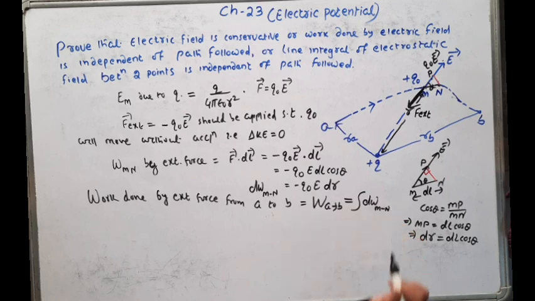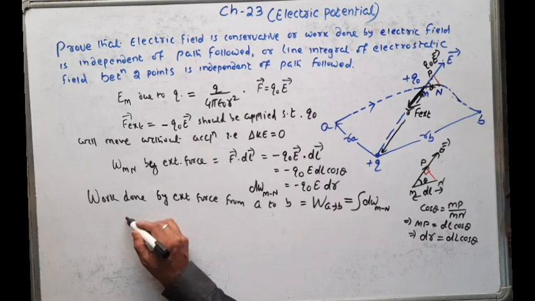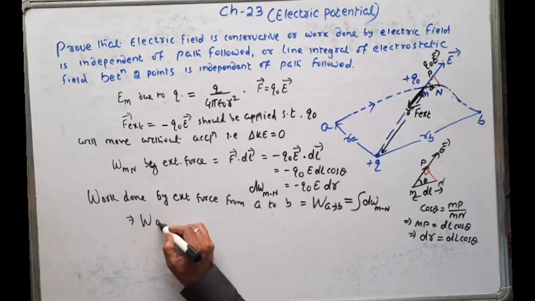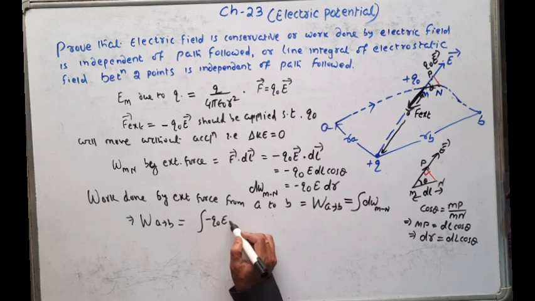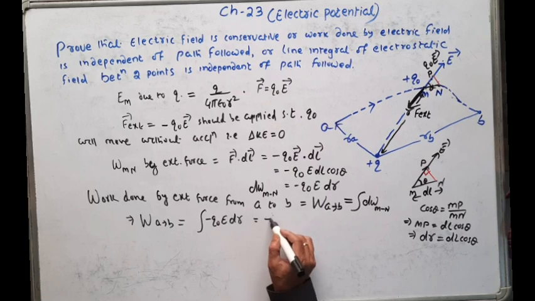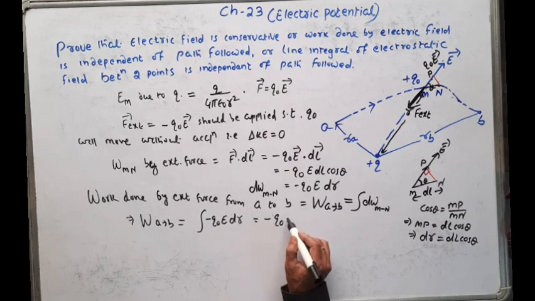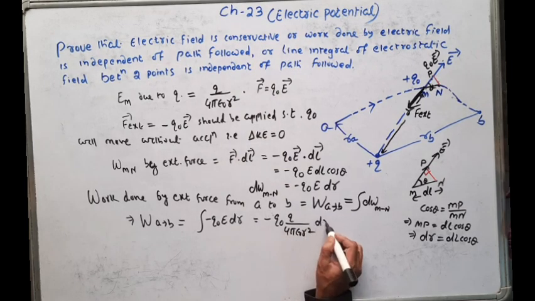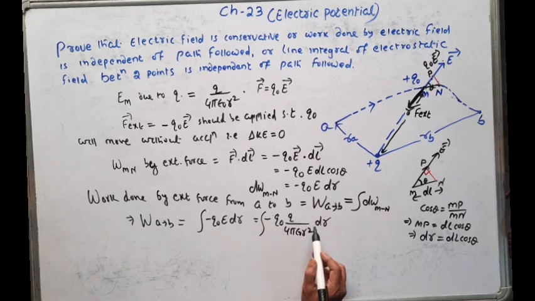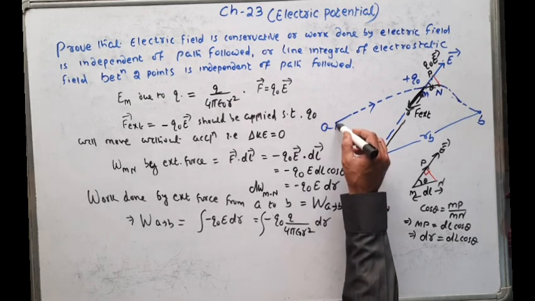So W AB is equal to the integration of minus Q naught E dr. What is the value of E? E is equal to Q divided by 4 pi epsilon naught r square. In this integration you see r is variable. So r varies from which point to which point? A point to B point.